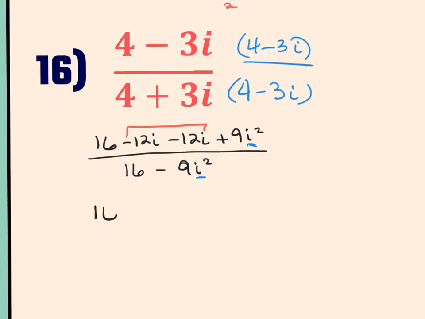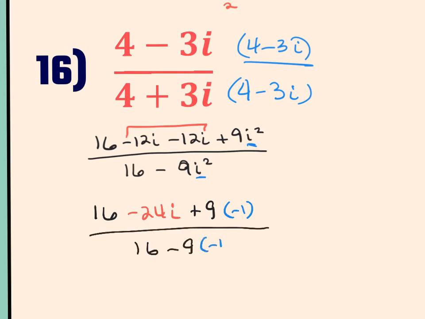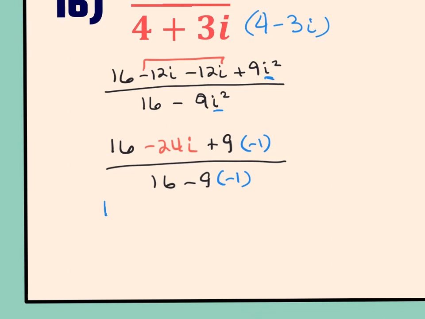So 16 minus 24i plus 9 times negative 1 over 16 minus 9 times negative 1. I'm going to go ahead and multiply. So 16 minus 24i, and then this becomes negative 9, and then 16 plus 9.